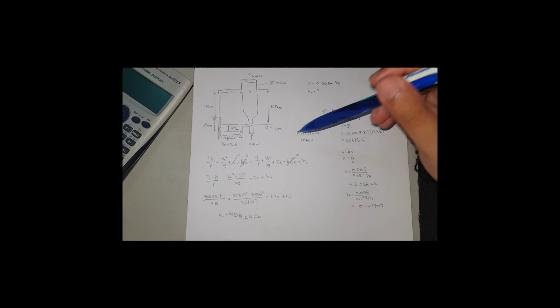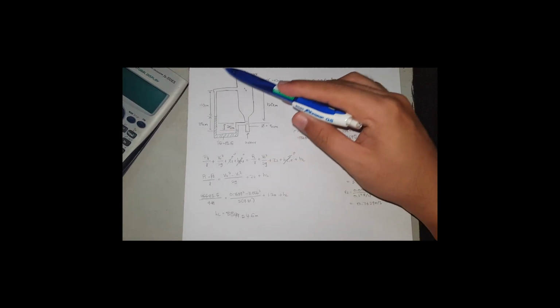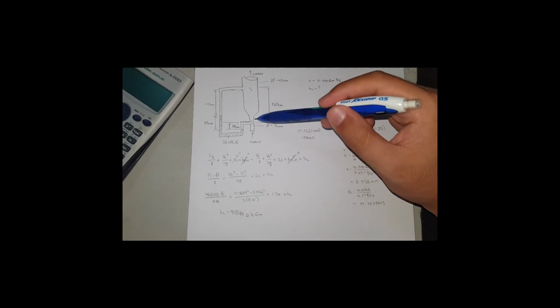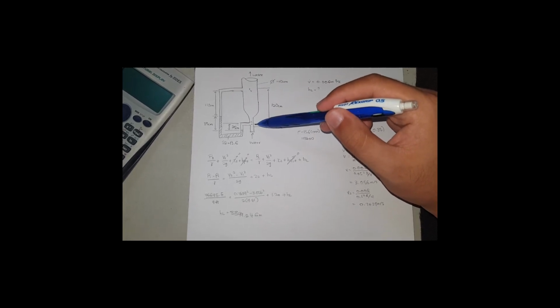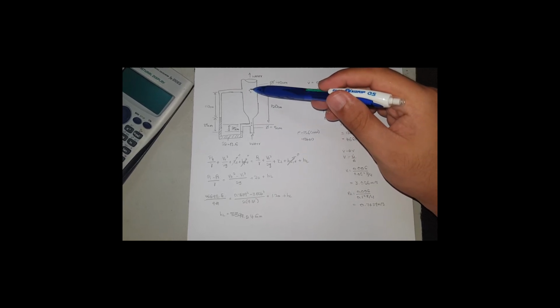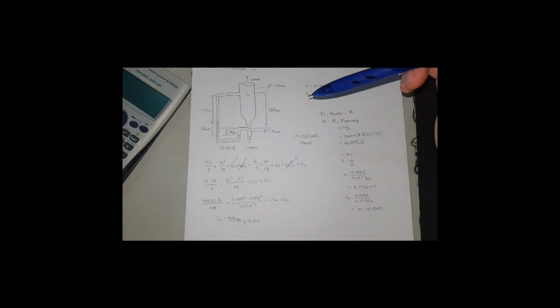In the question, it wants us to find the head loss, and the water flowing is 0.06 meter cube per second, which is V dot. In the diagram that is given, only point 1 and point 2 are ones that I added, where I want to know where to start point 1, and point 2 is where things end up.